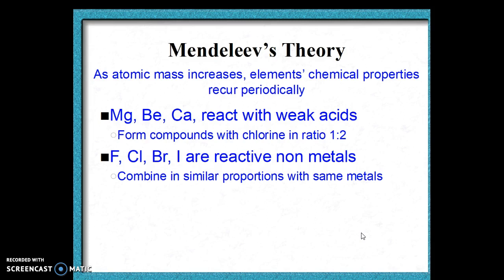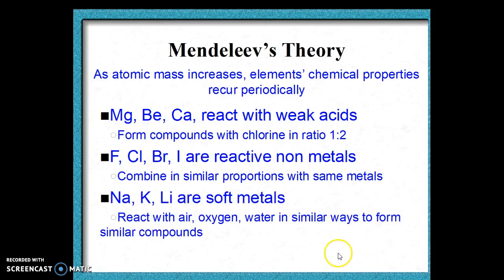So for instance, if there's sodium chloride, NaCl, there's also sodium iodide, NaI. Sodium, potassium, and to a lesser extent lithium are soft metals, very reactive metals. They react with air, they react with oxygen, and they react with water, all in similar ways, and they form compounds with similar chemical properties and formulas.